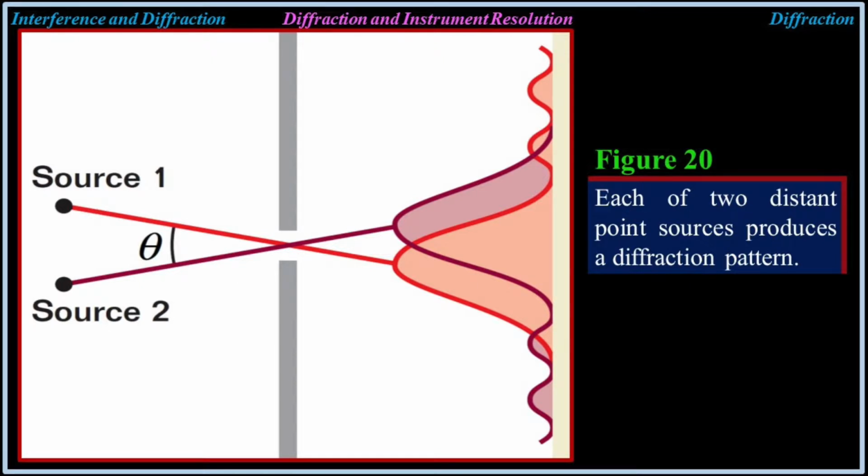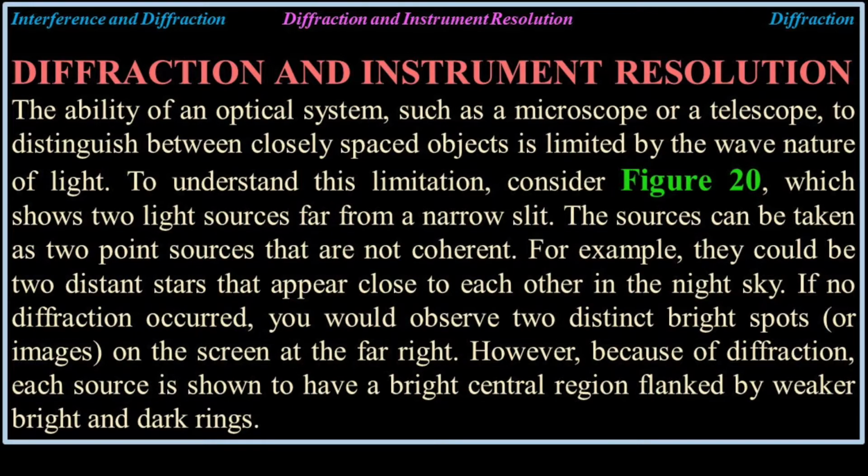Figure 20, each of two distant point sources produce a diffraction pattern. Diffraction and instrument resolution. The ability of an optical system, such as a microscope or a telescope, to distinguish between closely spaced objects is limited by the wave nature of light.